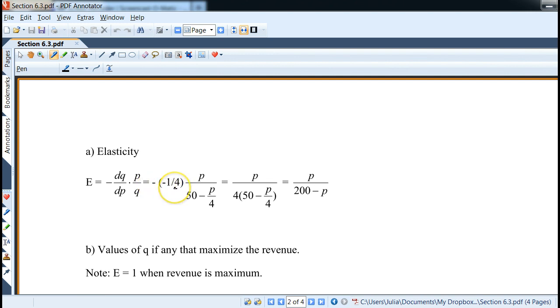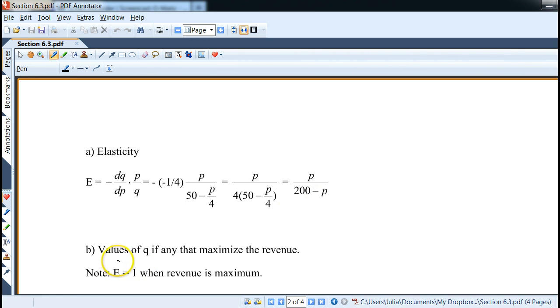Negatives cancel many times. And notice that we have P divided by the actual equation, the Q. So it's positive 1 times P, so it stayed as P, and 4 went in the denominator. And we can distribute the 4, so it becomes 200 minus P.